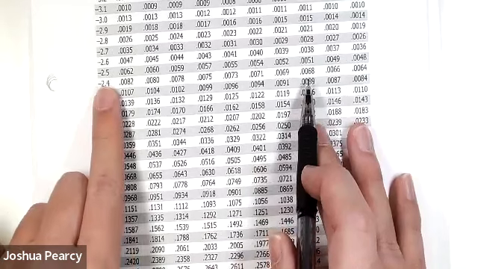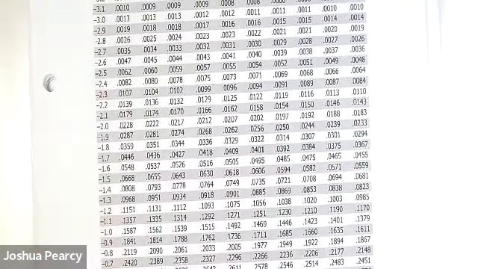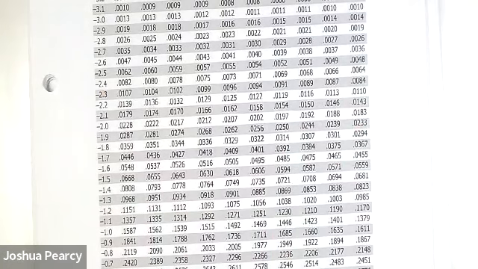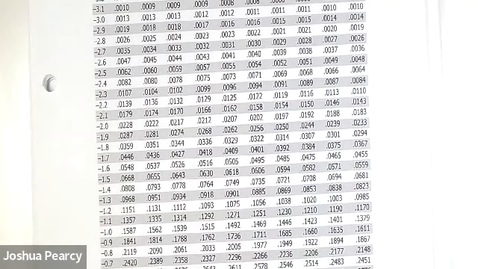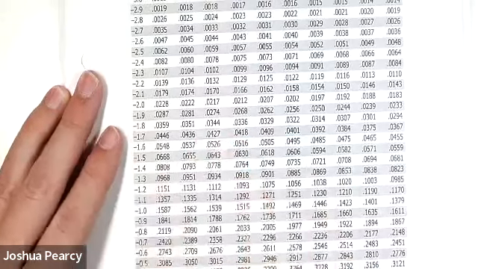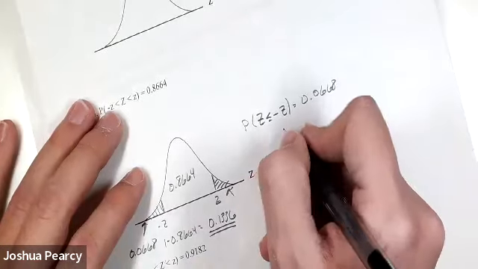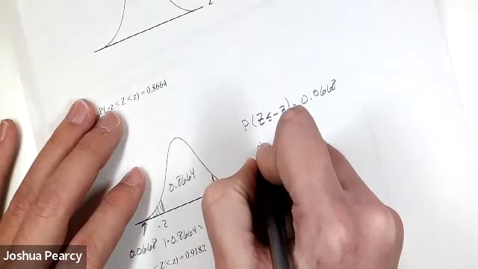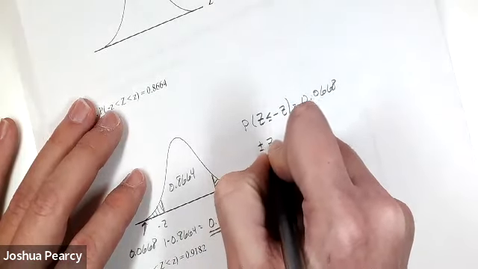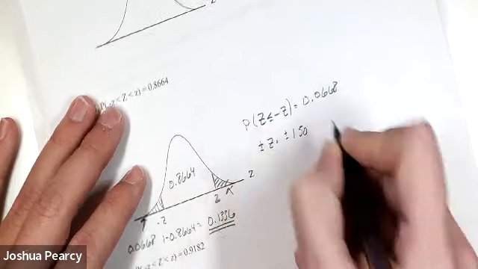Right here. Actually, I looked at the wrong one. Yep, positive and negative 1.5. So this negative z is equal to negative 1.5. So the unknown z-scores are positive and negative 1.50.